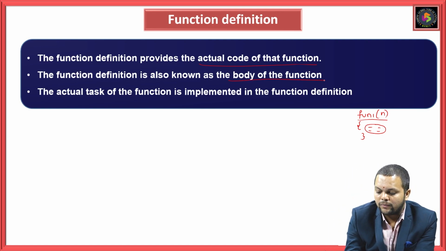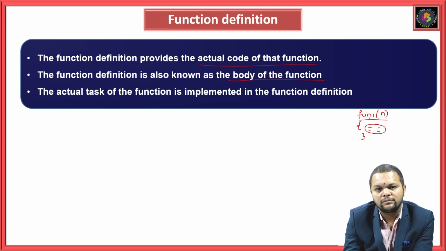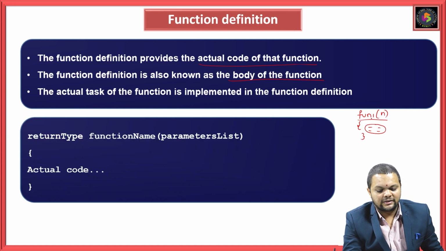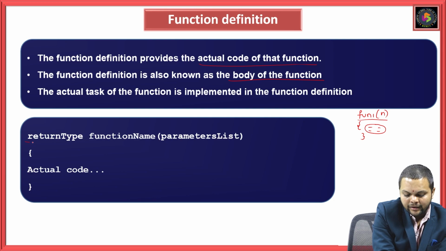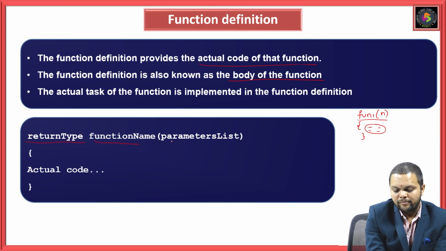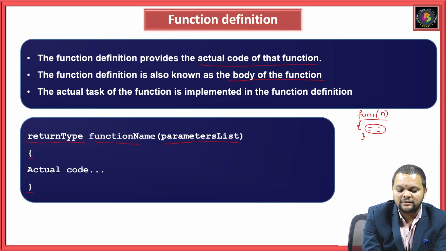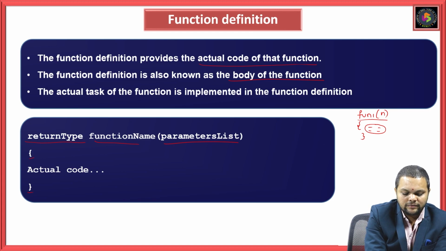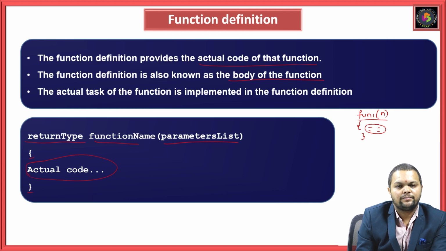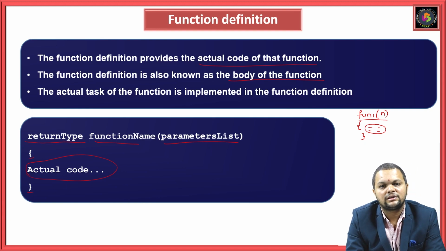Whatever is implemented is given to that function1, and you can see the syntax here: return type, function name, parameter list, and the opening and closing of a particular block. Whatever you are doing inside this function is given in this part, the actual code. If you write something here, that will be executed. So this is your function definition.